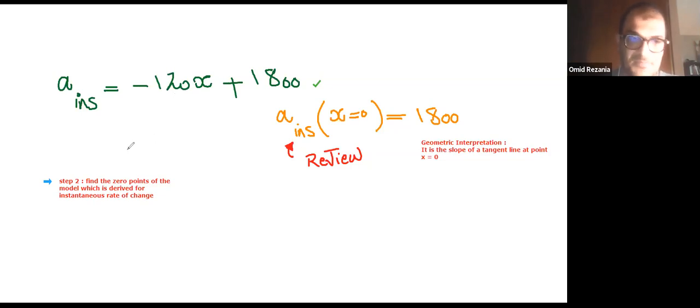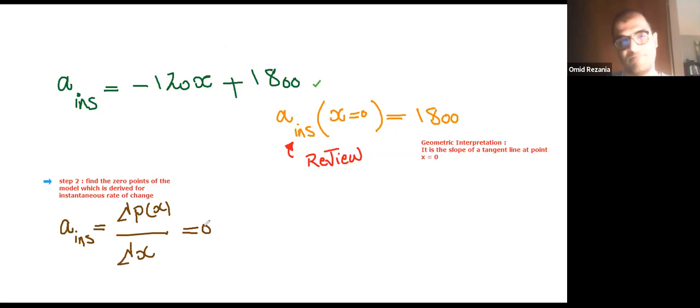Step number two is that I have to equate whatever I derived for the instantaneous rate of change, which was d of p of x over d of x, to 0. Then I solve that equation.